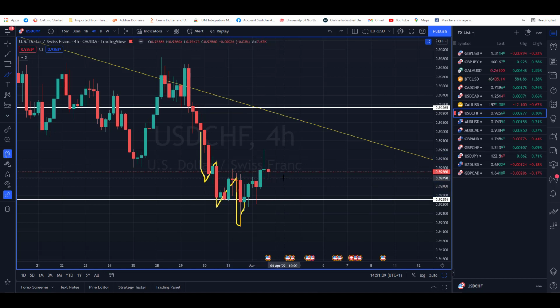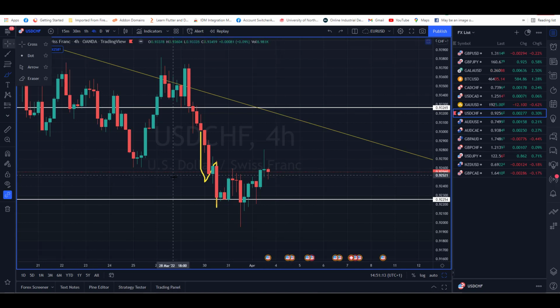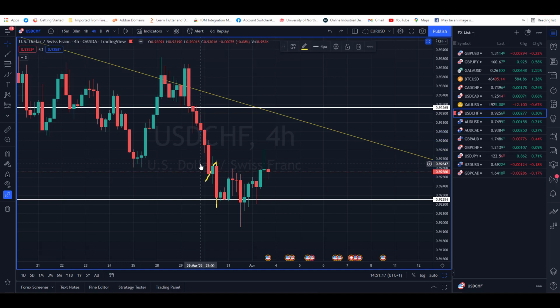There's something worth noting right here. On getting to this level, let me clean up the screen. Let me clean up this mess a little bit. Okay. So on getting to this level, we see this pattern forming. Boom, the shoulder, the head, another shoulder, right? So the neckline is what we have right here.